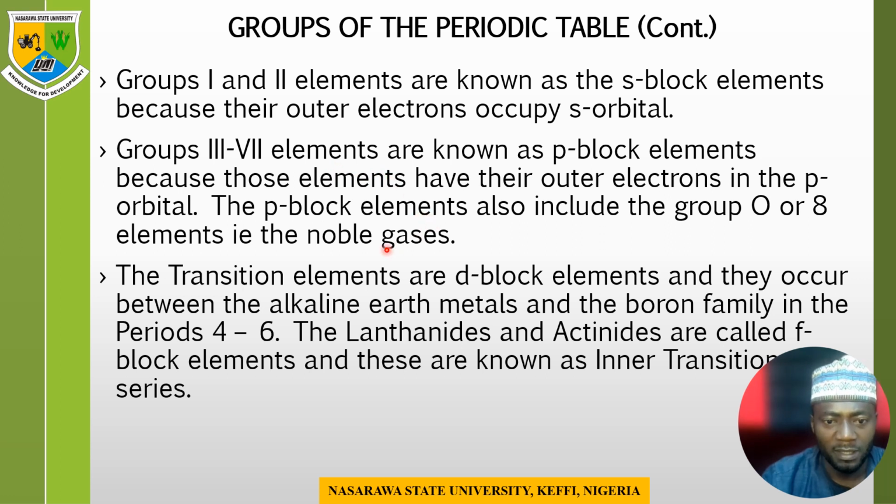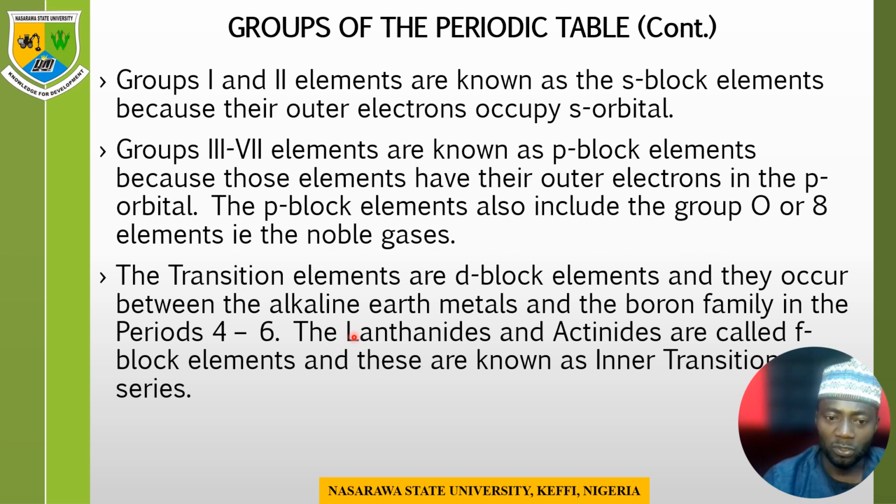O elements. Now transition elements, which are the d block elements, are elements with a partially filled d orbital. They are placed in between group 2 and group 3 elements, that is, in between the alkaline earth metals and the boron family, and they occupy periods 4, 5, and 6 of the periodic table.